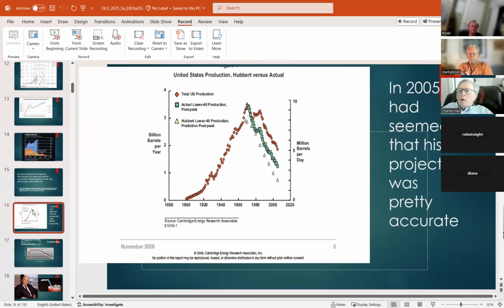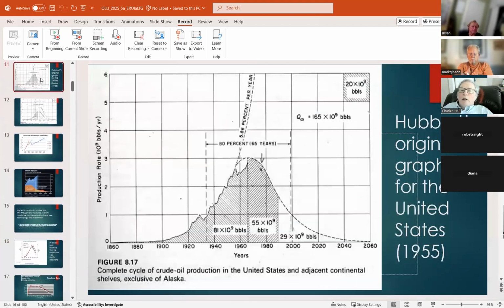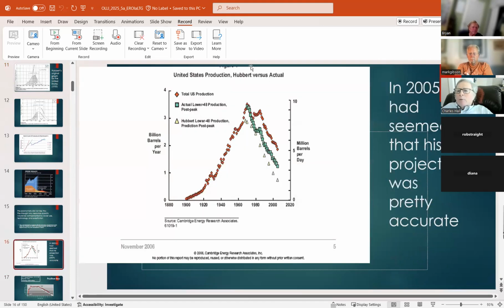Now let's look at how accurate we thought he was in 2007 or 2005. This is a graph I made, and he made his prediction, and we're going back to this slide here for the United States. Now we're looking at whether that, which estimated a peak sometime around the year 1970, 75, how accurate was that?